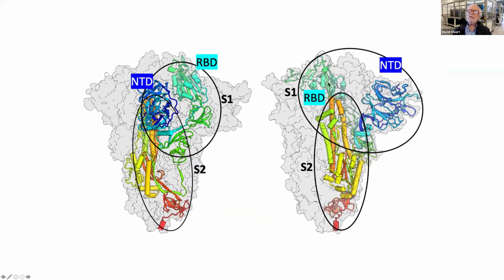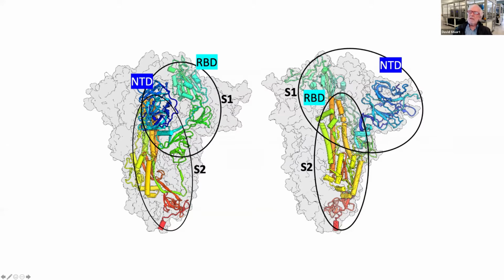The receptor binding domain, as is in the name, binds the receptor, and there's a well-characterized ACE2 protein on the host cell, which is the receptor. To bind, the receptor binding domain has to flip upwards a little bit so that the receptor can attach to a site that's otherwise rather hidden. So it's a very dynamic molecule.